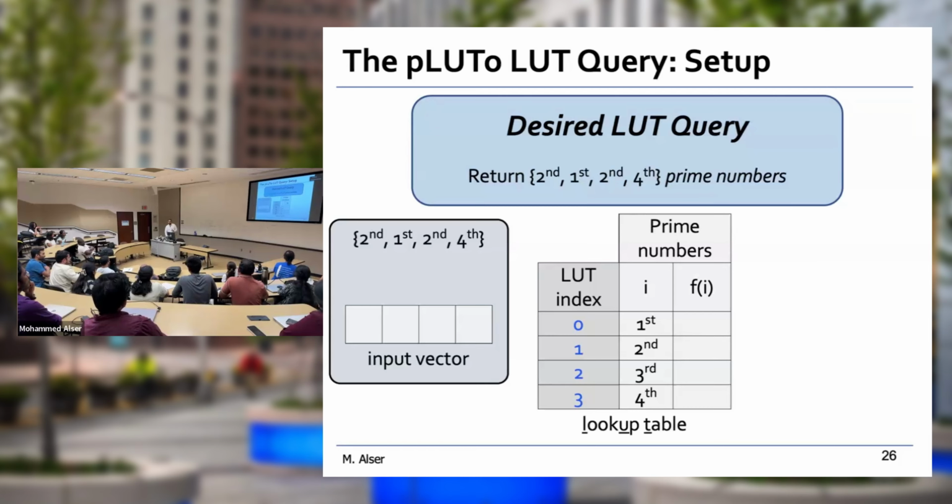But remember, when the user asks me about first or second, in computer science this is a waste of resources, because usually we start indexing from 0, not from 1. So when he asks for the first number, it's already the 0th number. So we have to convert those numbers: the first is number 0, the second is number 1, and the fourth is number 3, right? This is just a transition between what the user knows and what computers understand.